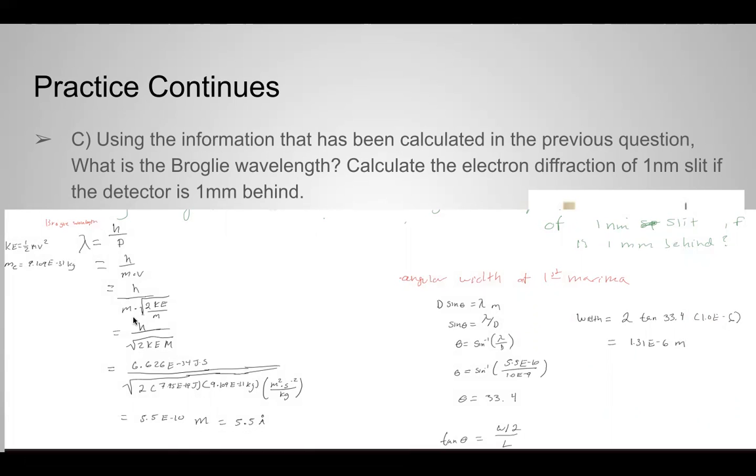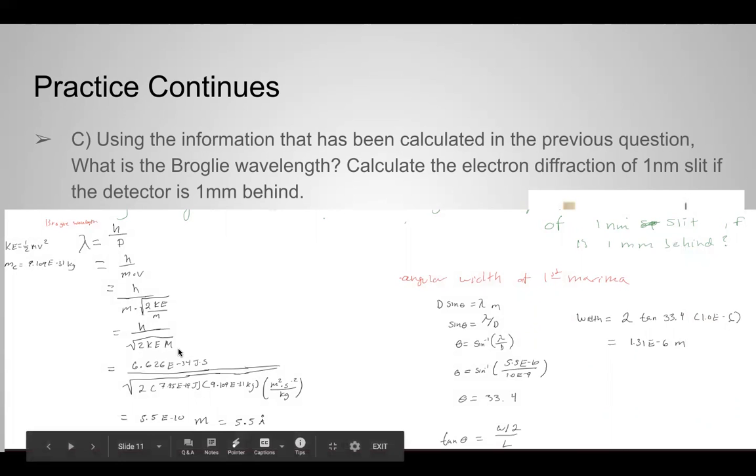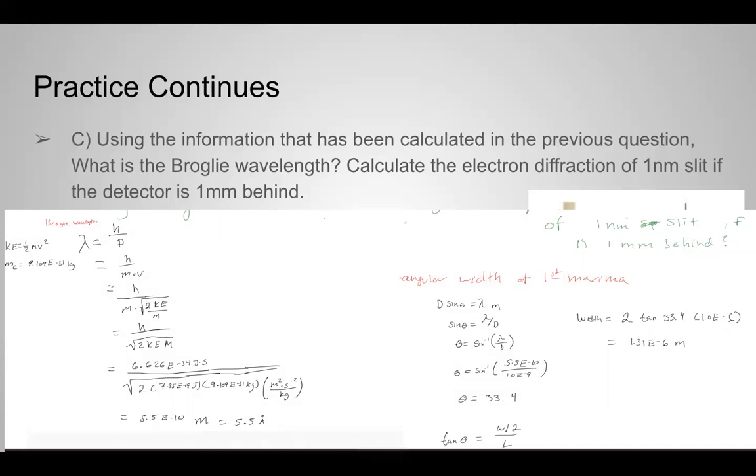And if you manipulate the kinetic energy, one half mv squared, it will give us v equals the square root of 2K over m. Using simple algebra, we can simplify it as h over the square root of 2Km. Plug in our numbers. Don't forget the conversion. That should give us 5.5 e to the negative 10 meters, or 5.5 angstroms.